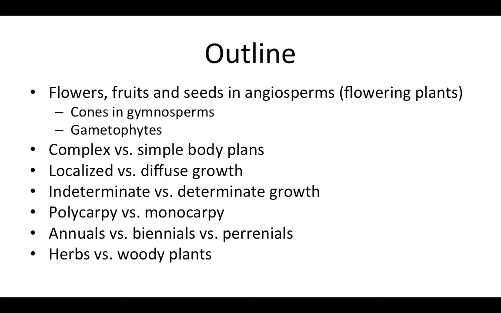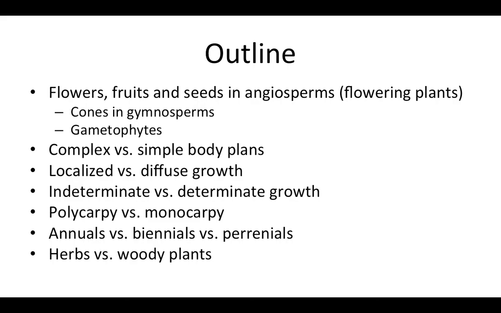We're going to talk about localized and diffuse growth and which parts of the plant do each of those. We will talk about indeterminate compared to determinate growth, and again, which parts of the plants do each of those. We will talk about polycarpy and monocarpy, which refer to different strategies for how often in the plant's life it makes seeds.